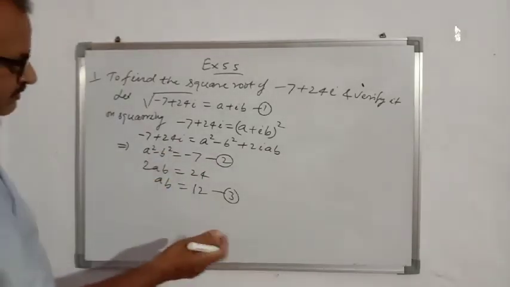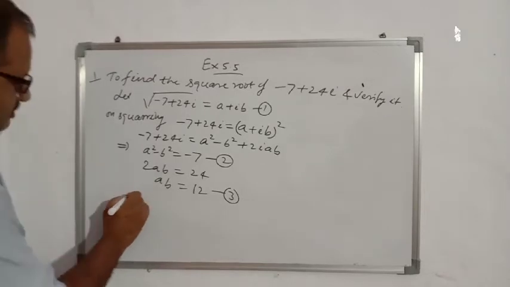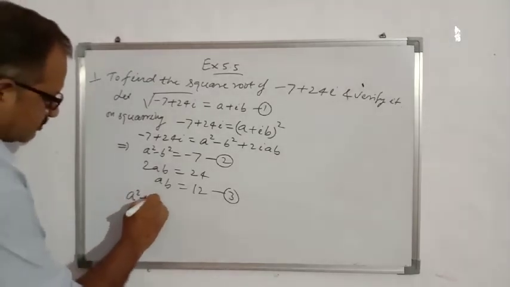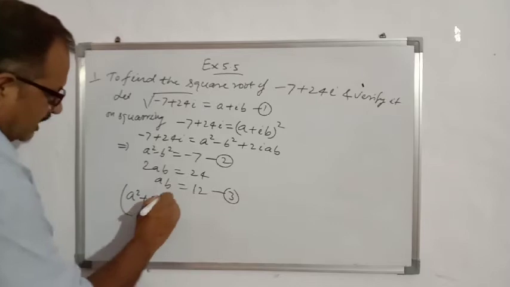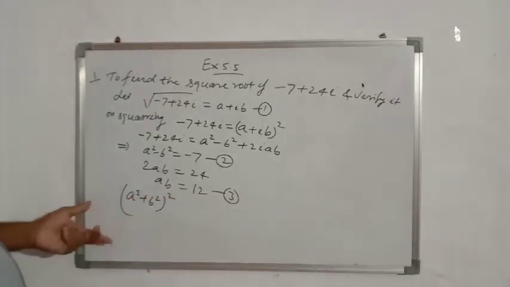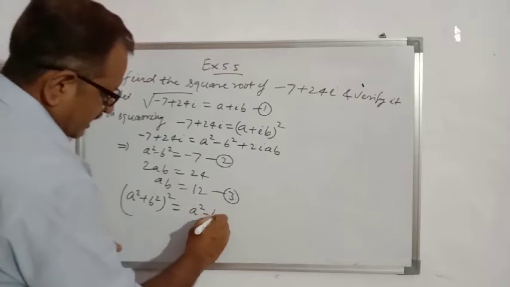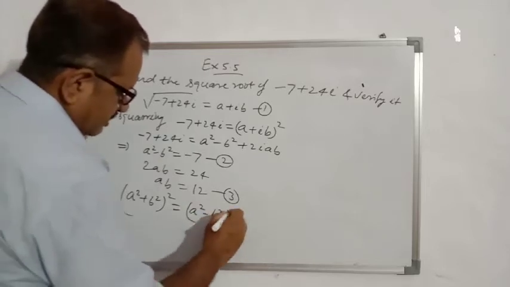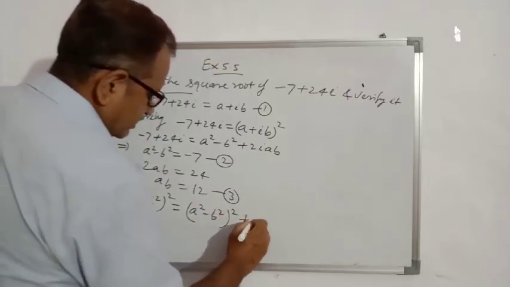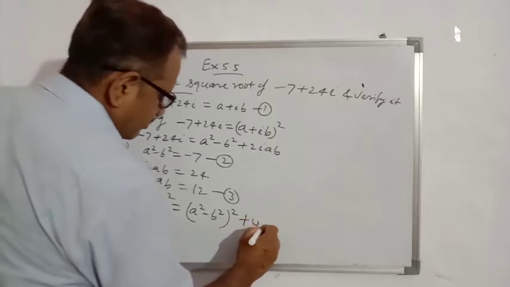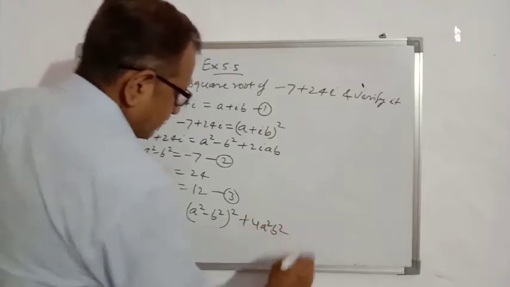Now we will use here one relation. What is a square plus b square whole square? A square plus b square whole square, we can write as a square minus b square whole square plus 4a square b square.